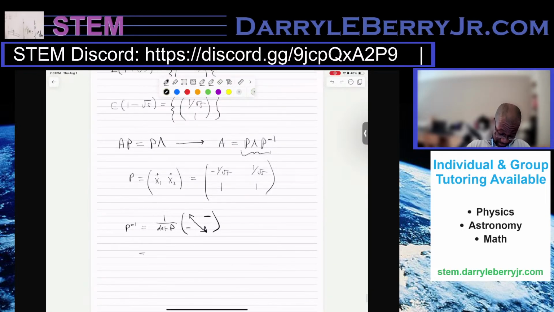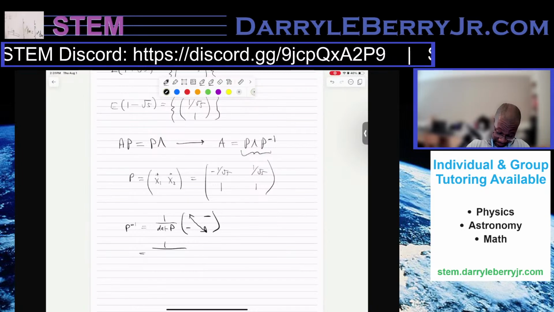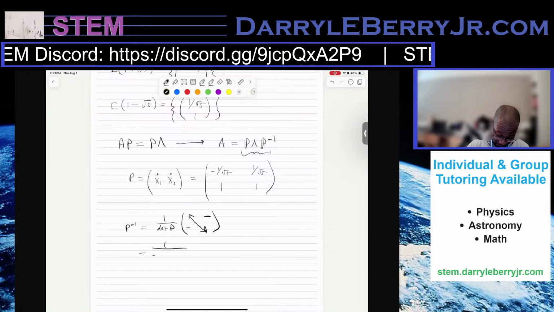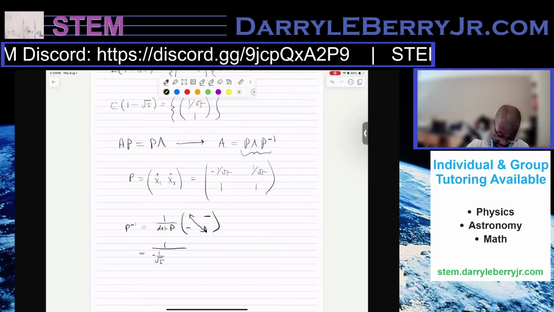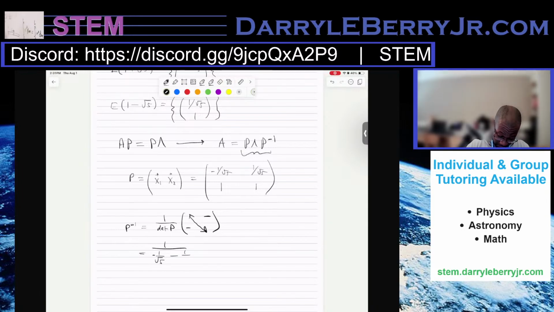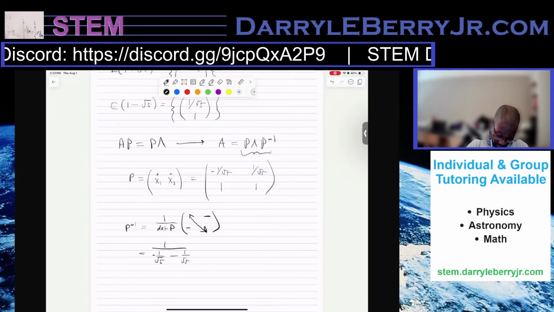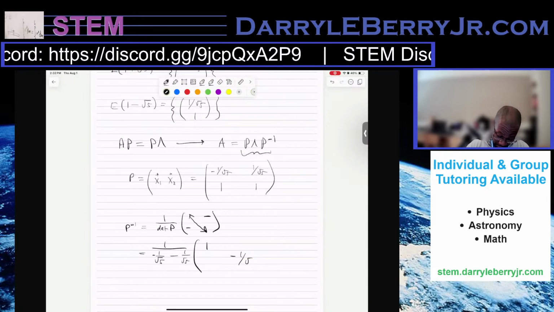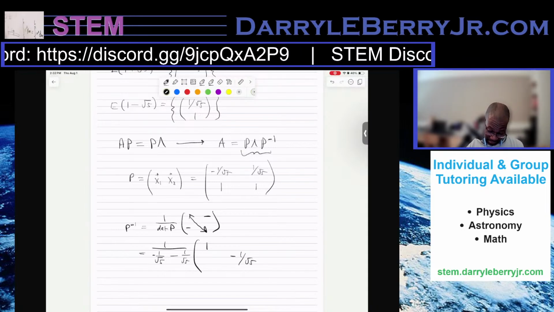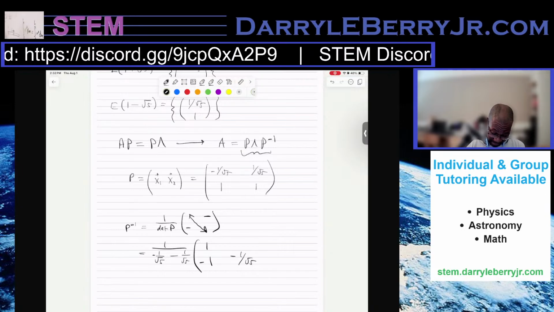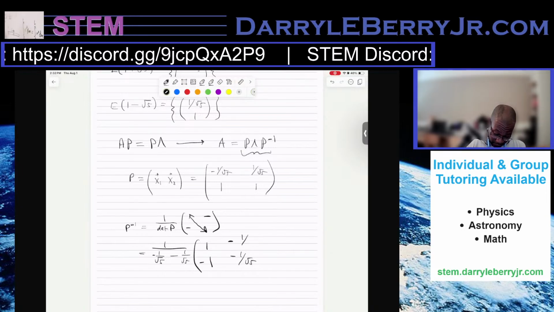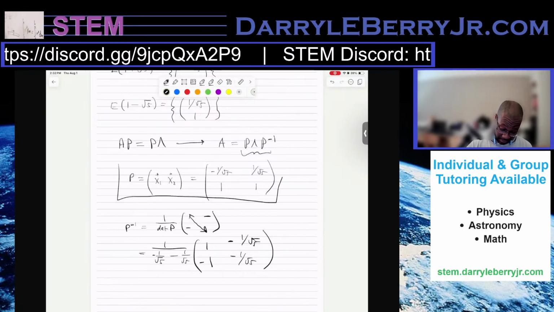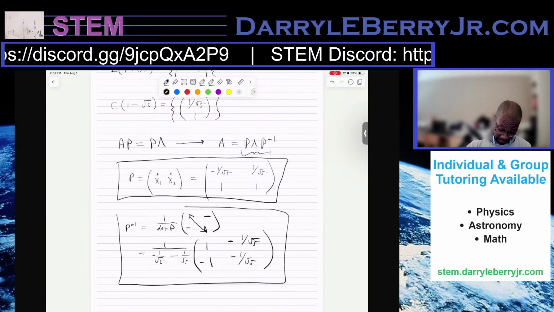So that's going to be 1 divided by the determinant of this right here, that's going to be negative 1 over square root of 5 minus 1 over square root of 5. And I'm going to swap those. So that's 1, negative 1 over square root of 5. And then I'm going to make the other one negative. So that's negative 1 and negative 1 over square root of 5. So that's P, and that's P inverse. Go ahead.